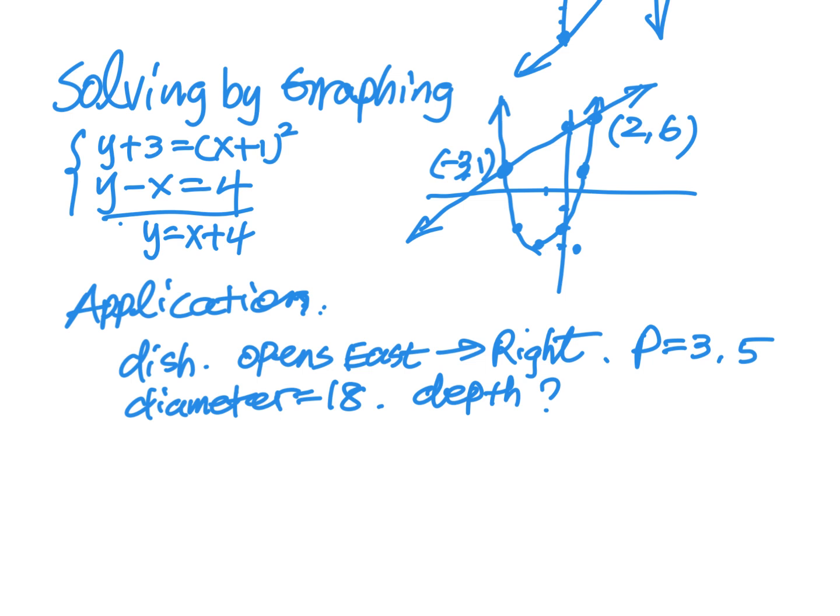So you sketch this, always put it at 0, 0, and it's open to the east, that means open to the right. So your parabola is like this. Okay. And the P is 3.5, so right here.